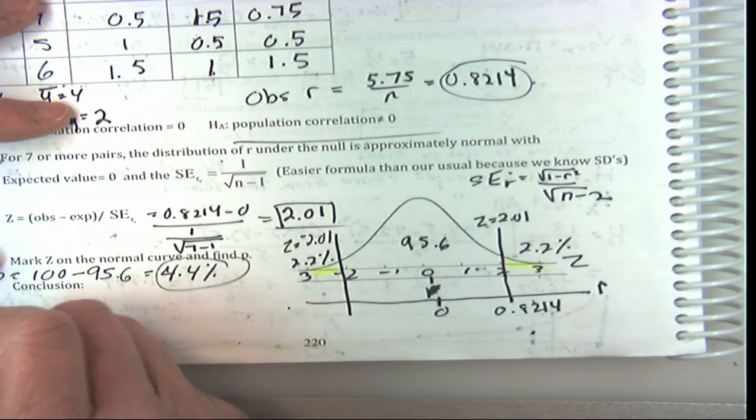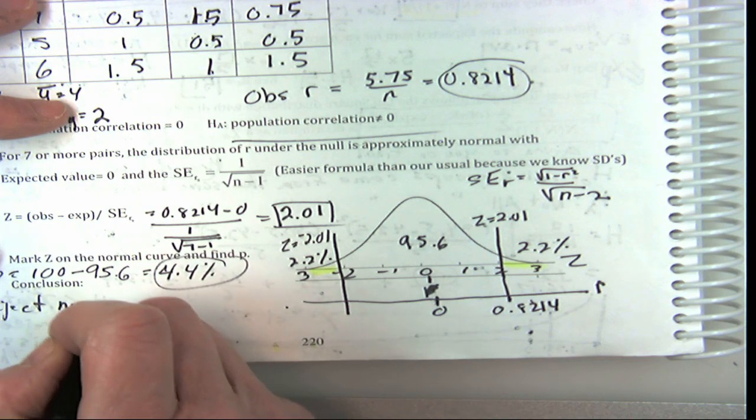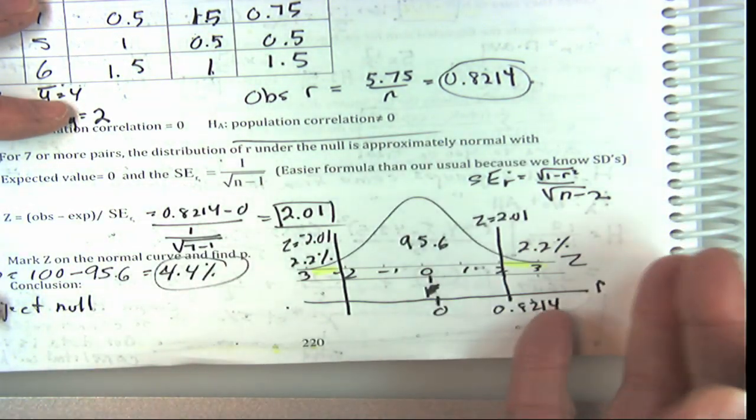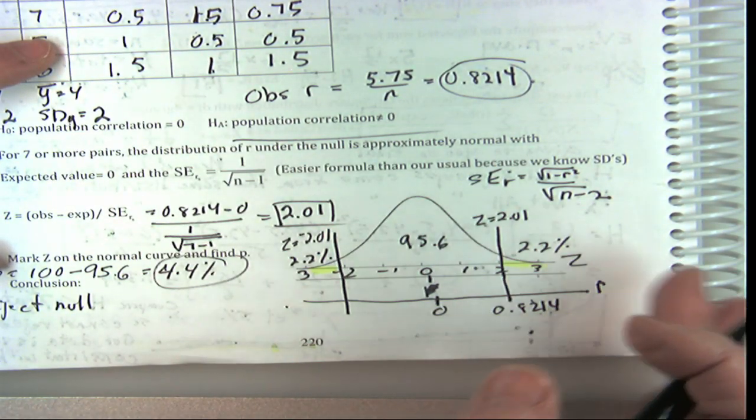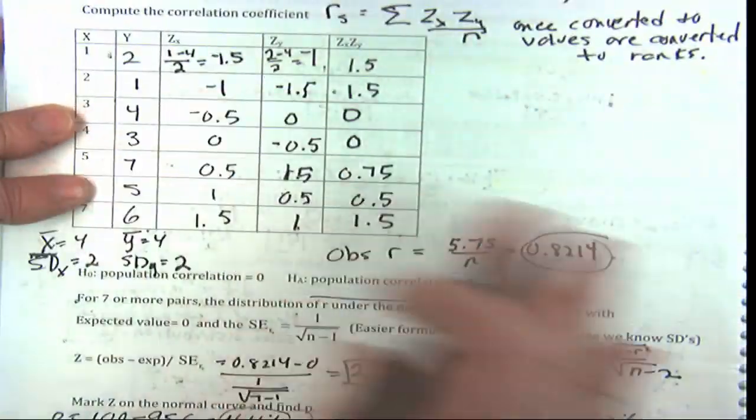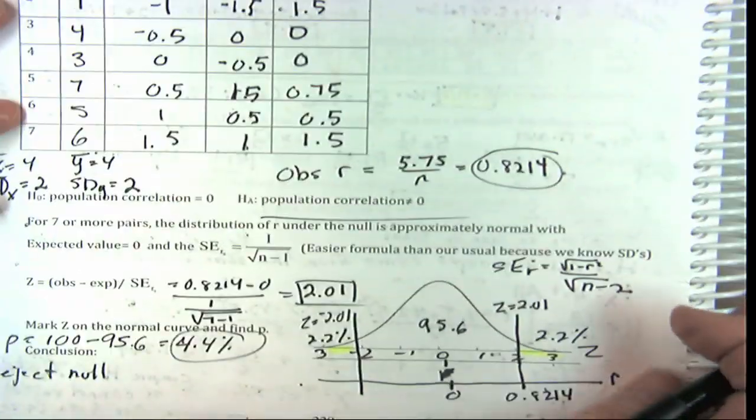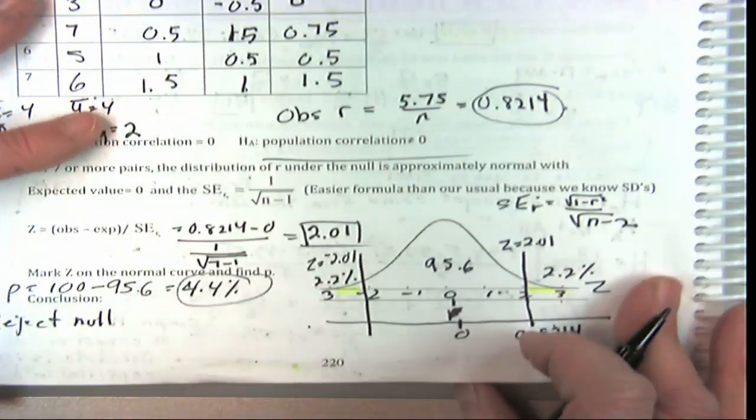So we would reject the null that these numbers were randomly drawn from this population of integers, that the correlation is 0 between the two of them.